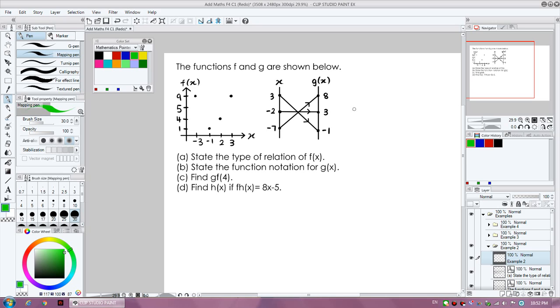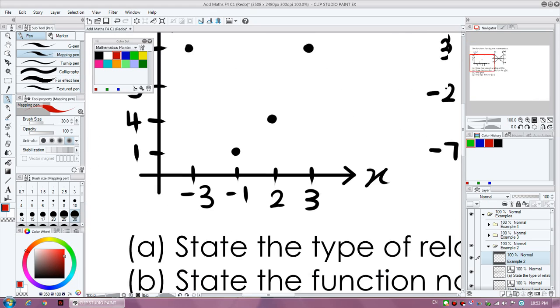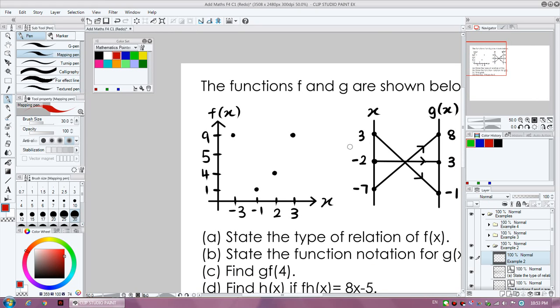Let's start off with A: state the type of relation of f(x). In order to do this, you need to understand this graph first. I think I already mentioned in the first video that usually the x-axis is the object and the y-axis is the image, in most cases anyway.